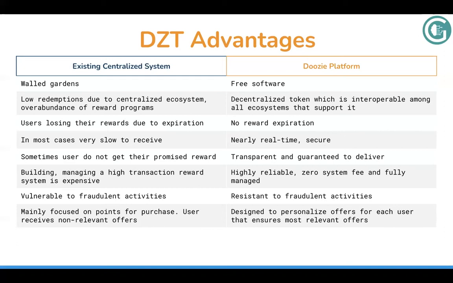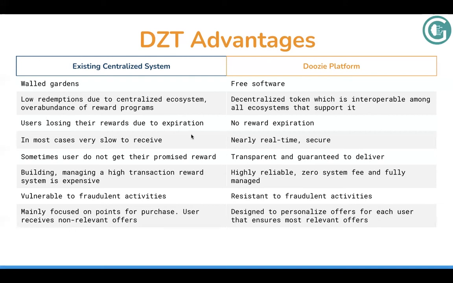First one is centralized reward management systems are isolated from each other. And they are very expensive, as we know. On the other hand, the Doozie platform is not only decentralized, it's free software. There is no system cost whatsoever.